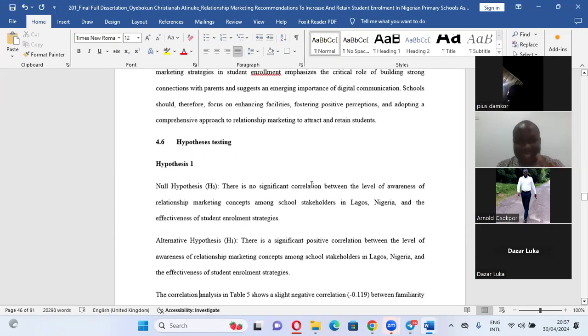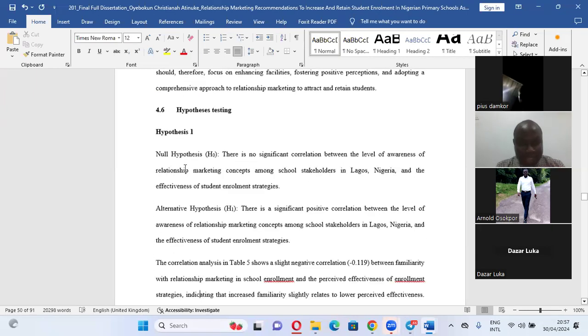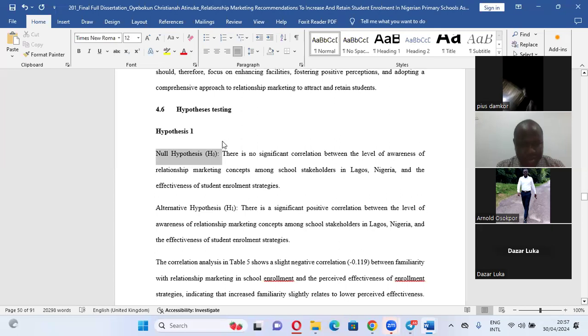Now hypothesis testing, null hypothesis, alternate hypothesis. That's hypothesis 1. The null and the alternate. The null hypothesis is a negative hypothesis. There is no significant. This no makes it null. Look at alternate. There is a. This is a positive hypothesis.